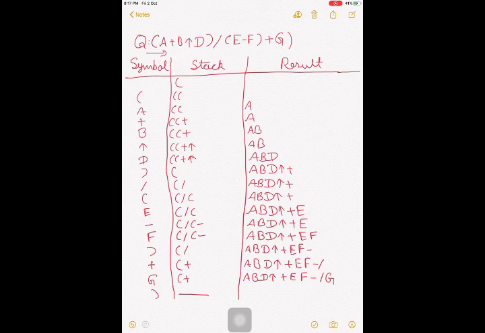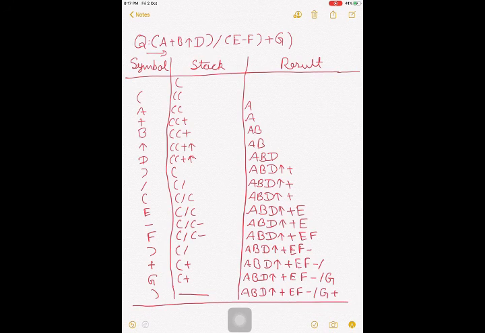So at the end we have got the empty stack. So whatever we get as the resultant expression will be our final answer. So what is the final answer? The final answer is ABD power plus EF minus upon G and plus. So this is our final answer.